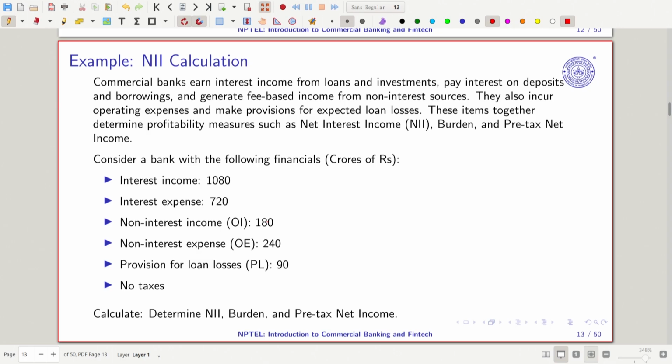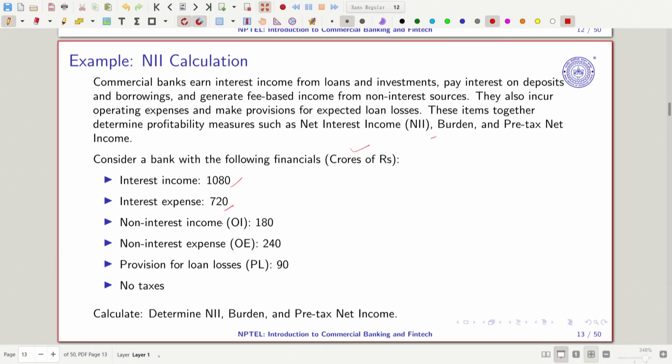Let's have one example before we close this particular session. Suppose we know that all the commercial banks make investments through this. So this is the context I have given. I am giving you the data. For example, we have the interest income of a bank 1080, everything is given in crores.